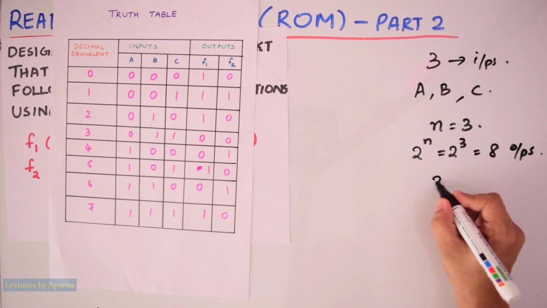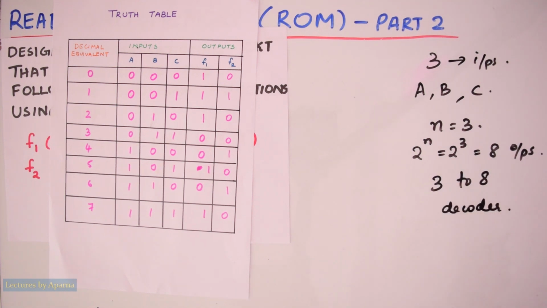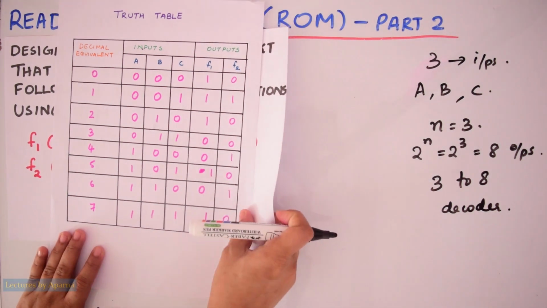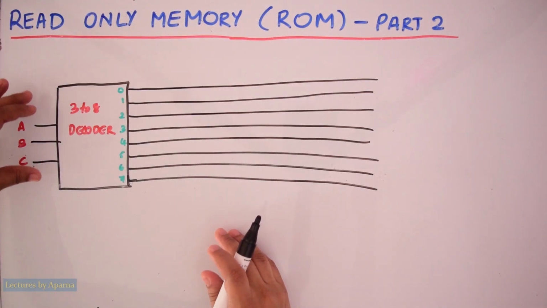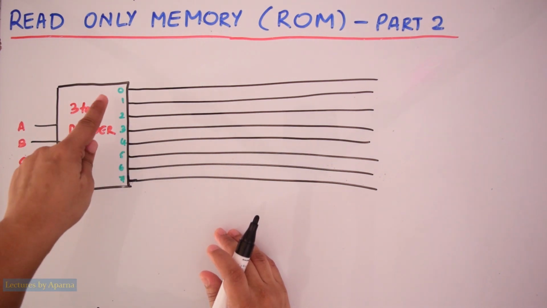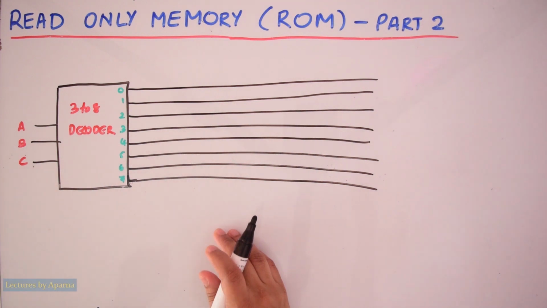So this is a 3 to 8 decoder. So we have to draw a 3 to 8 decoder. At the input of the decoder we gave ABC and from the output we got the minterms 0, 1, 2, 3, 4, 5, 6 and 7.